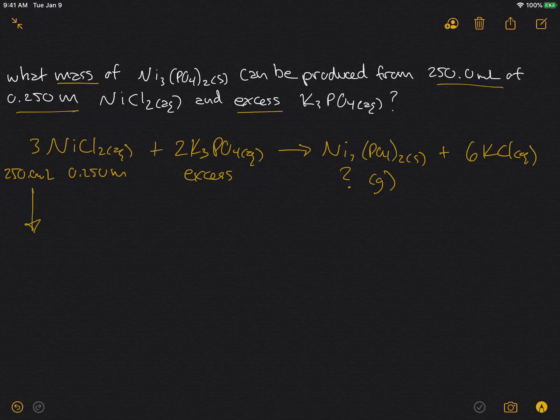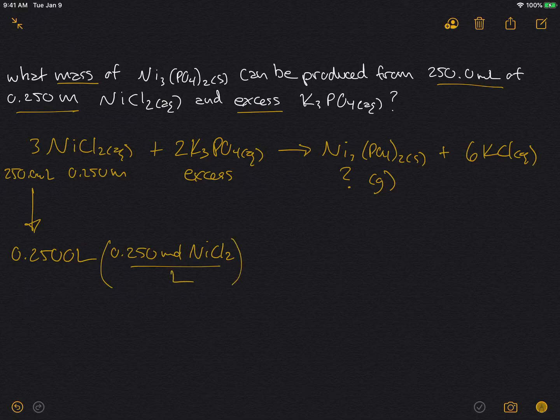At this point, we normally just convert to liters in our heads. We can move the decimal place over 3 to the left and just call this 0.25 liters. Then we can go ahead and multiply by the concentration of the nickel chloride. We've got 0.25 moles of nickel(II) chloride per liter.